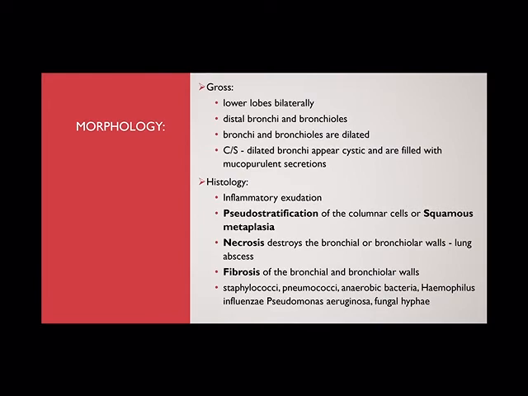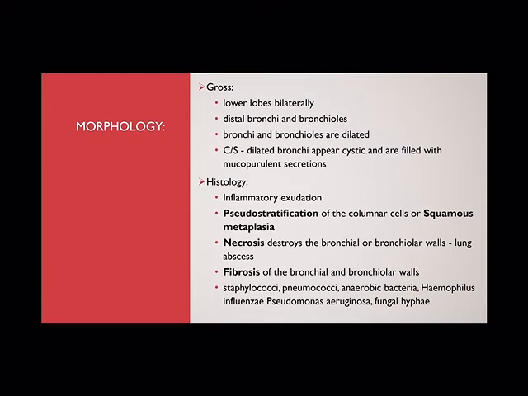So the definition itself says it is the abnormal irreversible dilatation of your bronchi. So you will have the bronchi and the bronchioles dilated. On cross section, the dilated bronchi will appear cystic and they are filled with mucopurulent secretions. Here the sputum will be mucopurulent in nature because of the secondary infections.